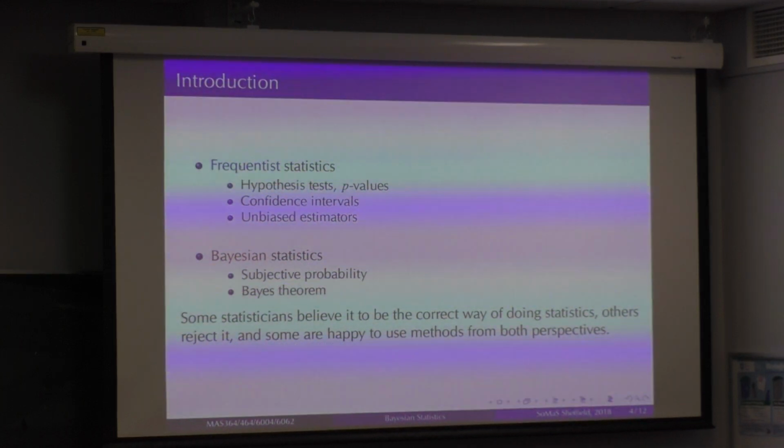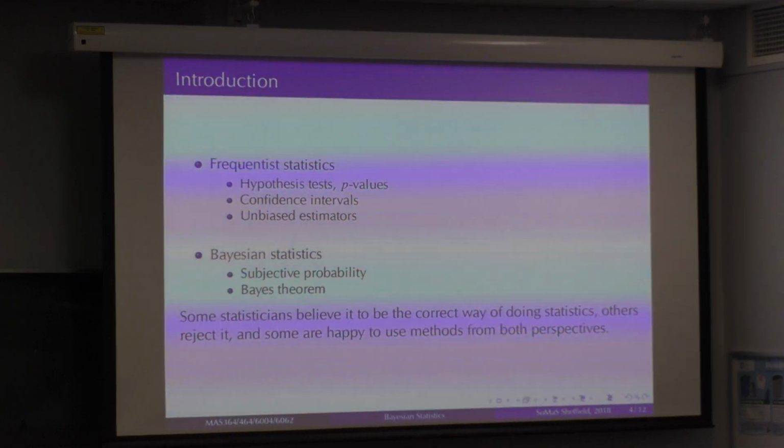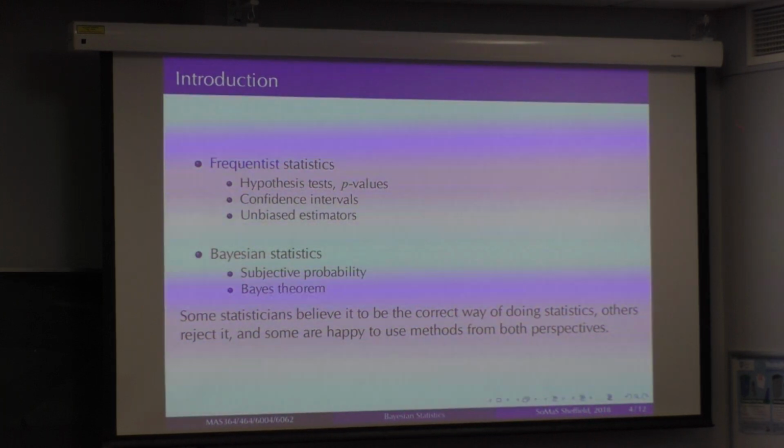As you will probably hear at some point, some statisticians believe that Bayesian statistics is the correct way of doing inference. That's me. Other people don't like it. Fair enough. And some people, the vast majority, are happy to use methods from either perspective, depending on how useful they are. And I think that's the correct approach.